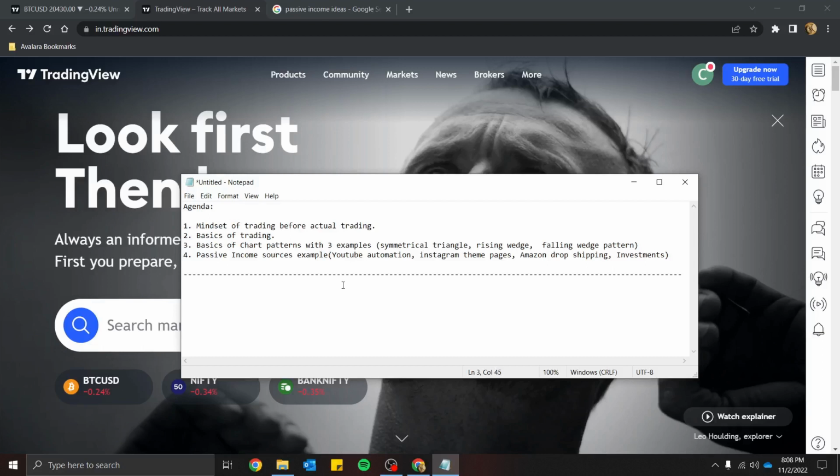Before directly jumping onto the profits you can make with each and every trade, the most important thing before actual trading is to prepare your mind about trading, and why you want to trade. What are the things you want to achieve by trading?